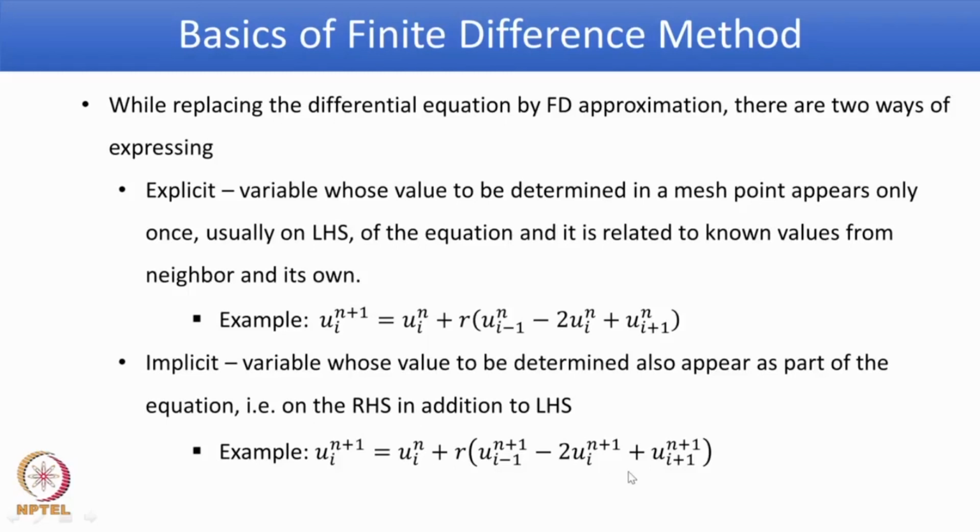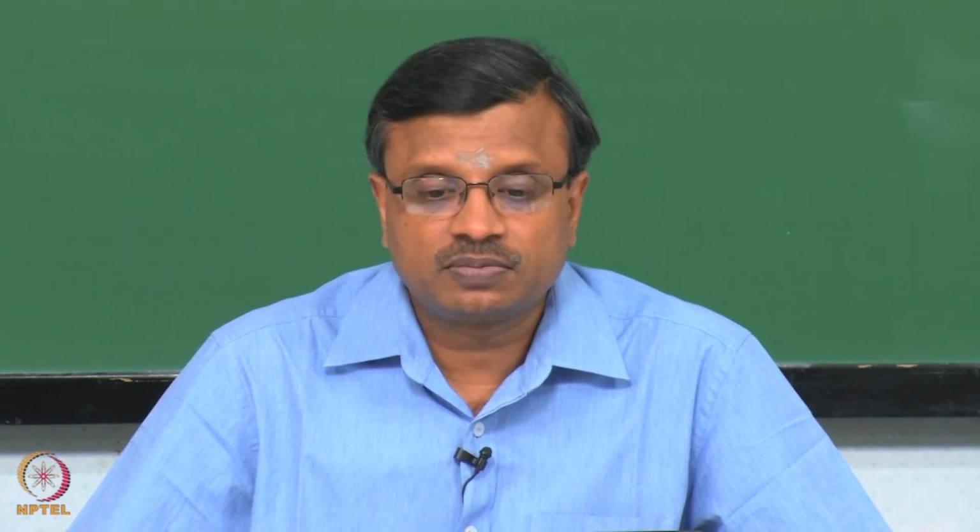So, you are not able to bring out a very clear expression for the variable to be determined. It also becomes part of the right hand side, hence some rearrangement needs to be done. This is known as an implicit formulation. Now, let us get an explanation of these with an example.